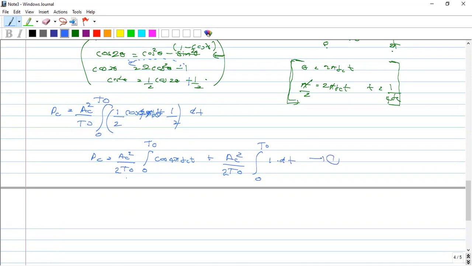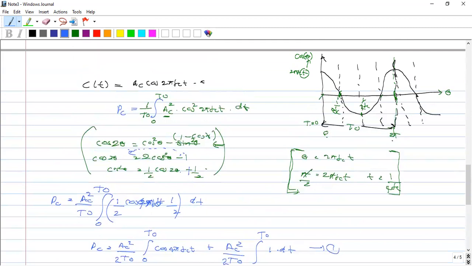So if we integrate this, what happens? You can see now, previously it is cos 2π fc t. Now it is cos 4π fc t. That means the frequency is doubled.